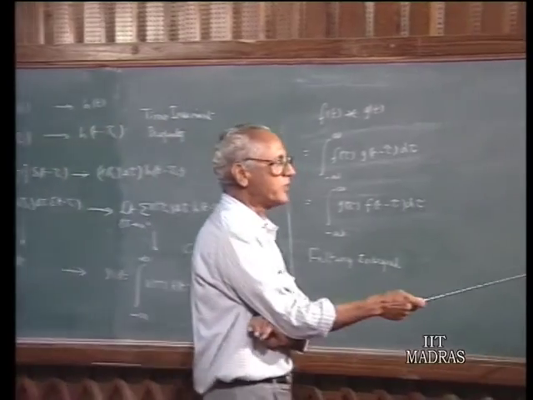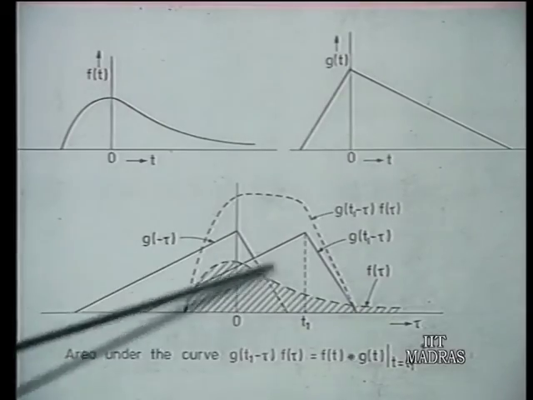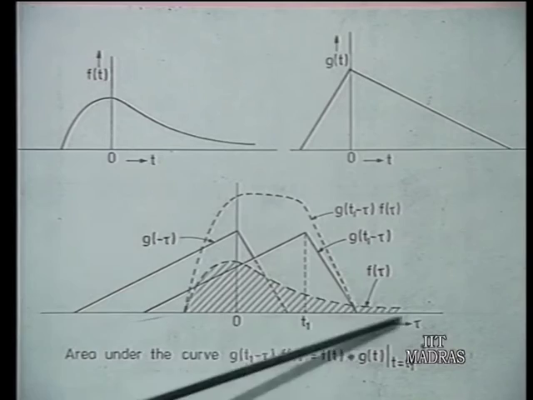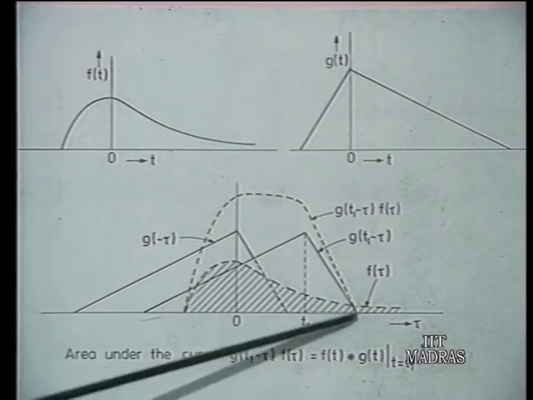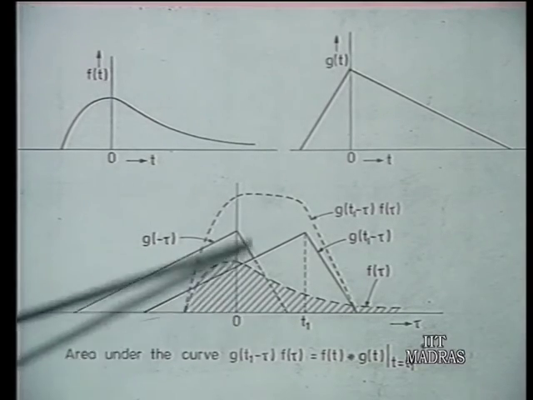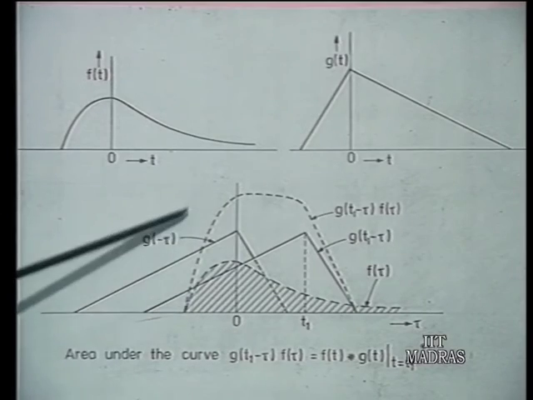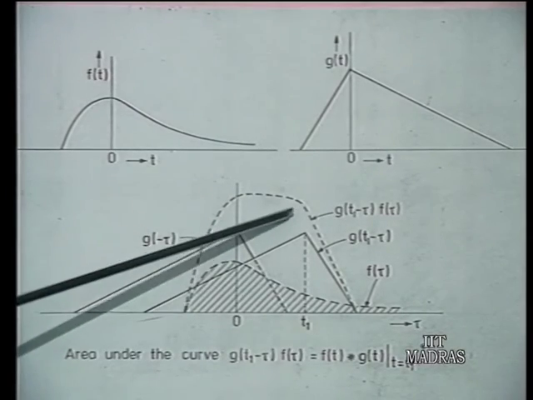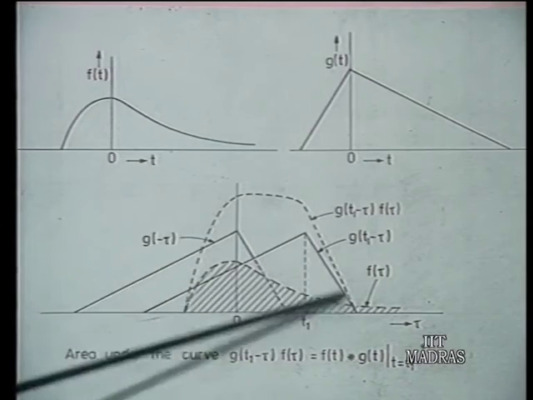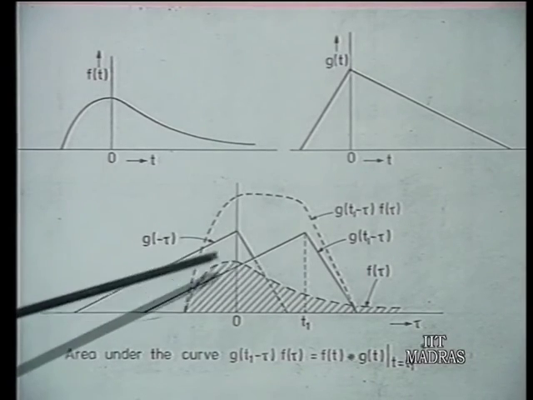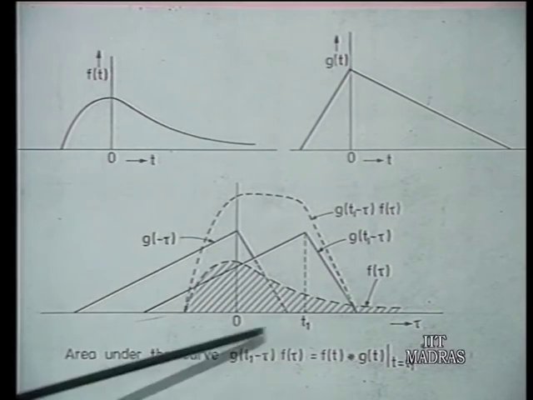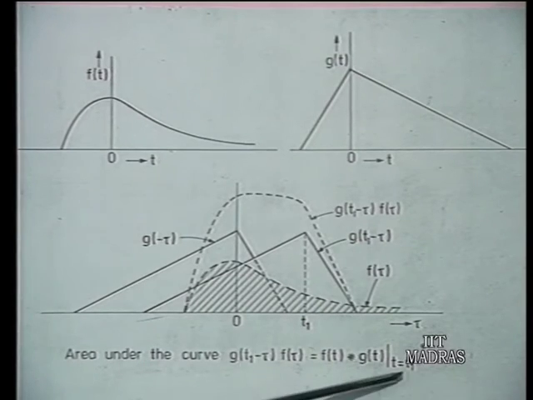Therefore, you multiply the original f(tau) and this shifted g, and the product of these two functions will be your result. You take the area under that curve, that is the integration, and that will give the convolution value at t equals T1.